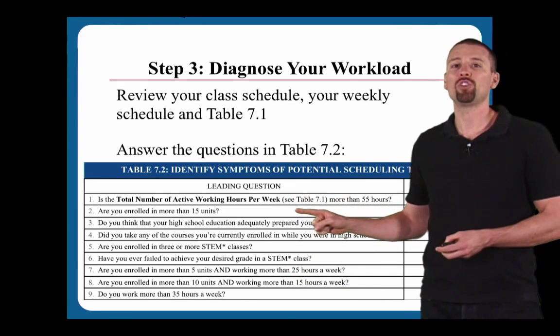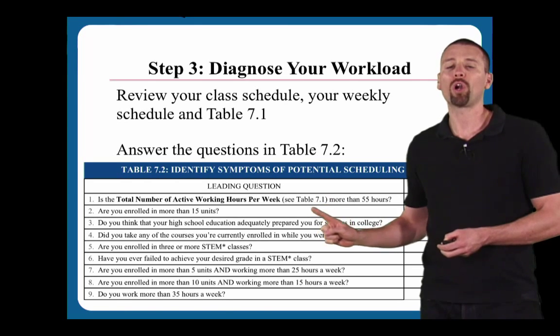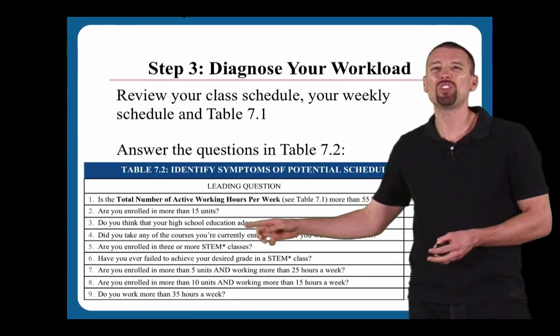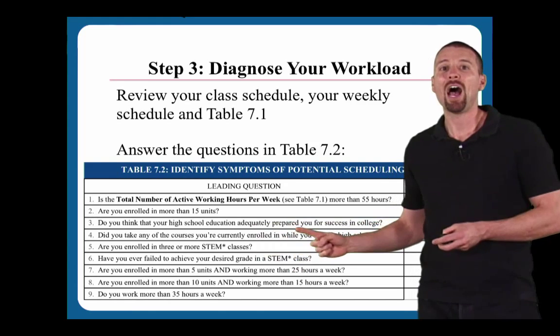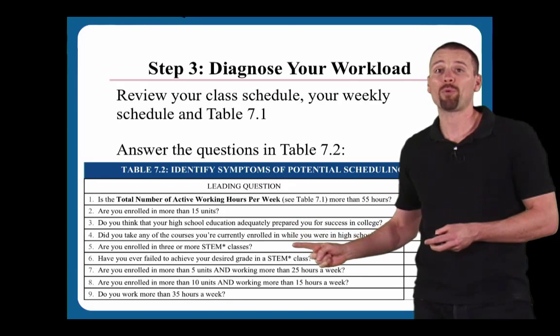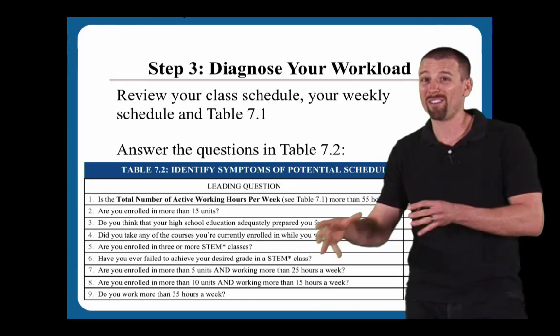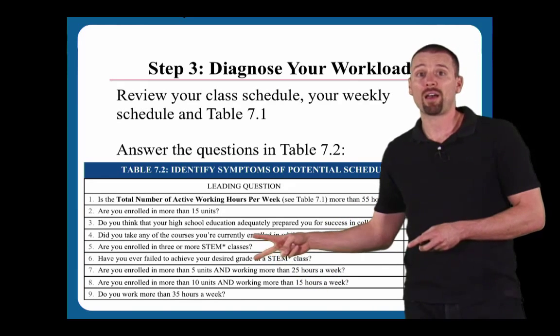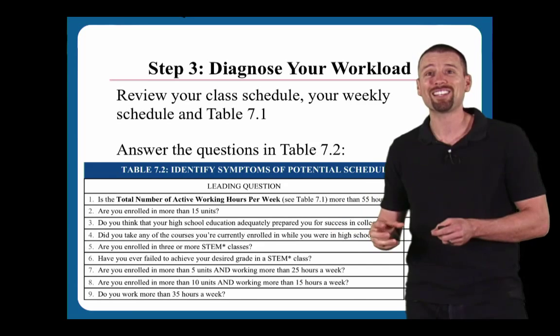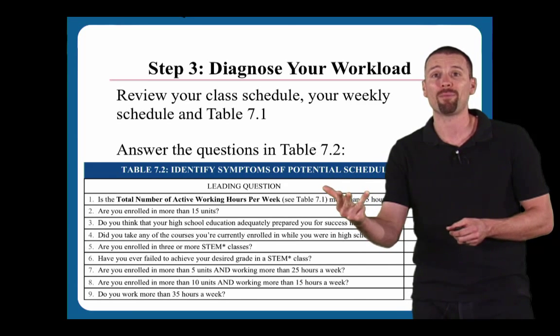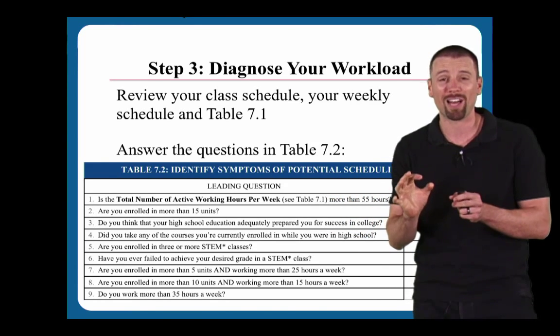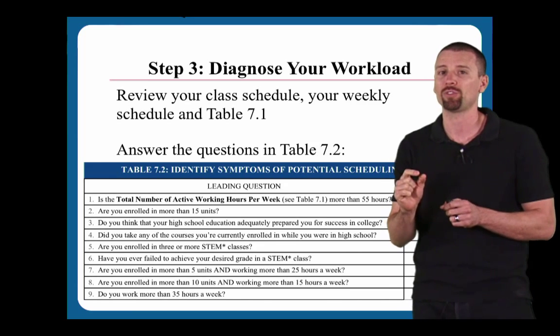One of them has to do with the total number of work hours that you're working per week, and that's associated with the number of units that you're taking. Some of them have to do with your level of preparation, especially from high school versus college. Those are very, very different worlds. Another set of 2 have to do with STEM classes, science, technology, engineering, and mathematics. Those are very special classes, and you want to be extra careful when scheduling those.